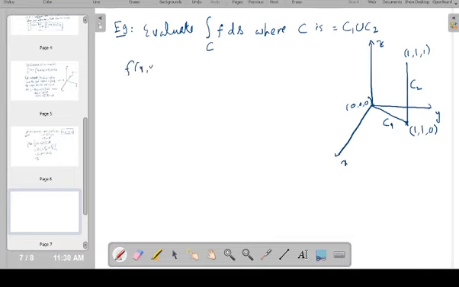F of x comma y comma z is x minus 3y square plus z.